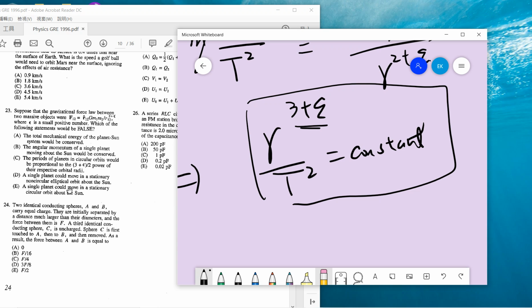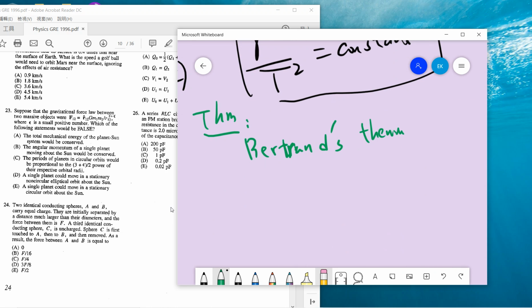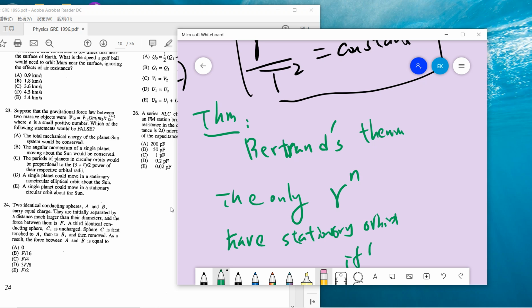Okay, so stationary is not correct. The theorem is called Bertrand's theorem. Basically, the only r-dependent force, suppose r to the n, that has stationary orbits is if n is 1 or minus 2.